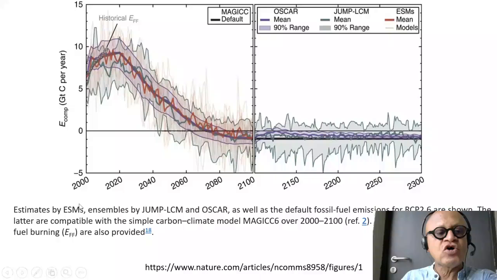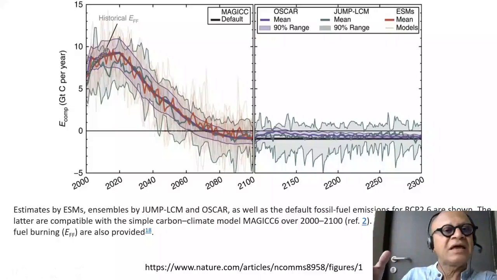To get an idea of where we need to get to hit zero emissions by various timelines, various models have been run. These are called ESMs, or Earth System Models. So they have climate, they have vegetation, they have other human activities. So there is feedback between carbon and vegetation, ocean uptake, land uptake, and so on.